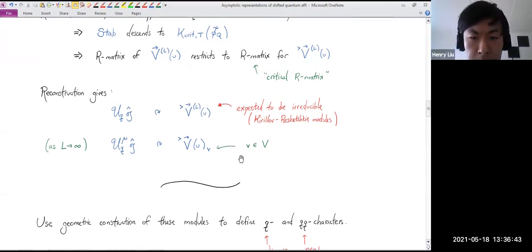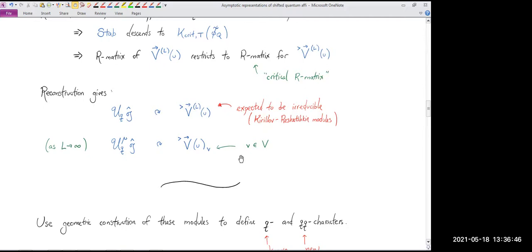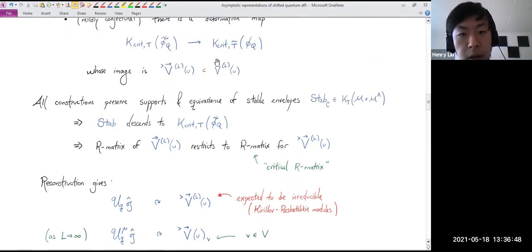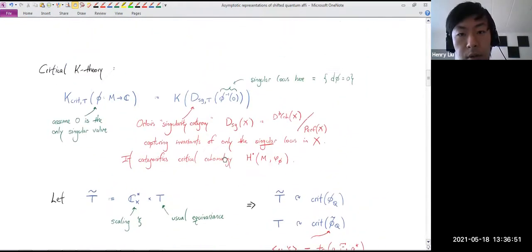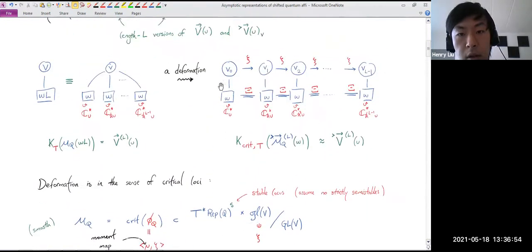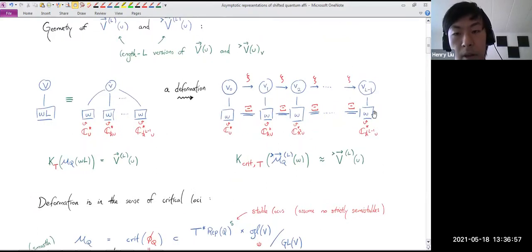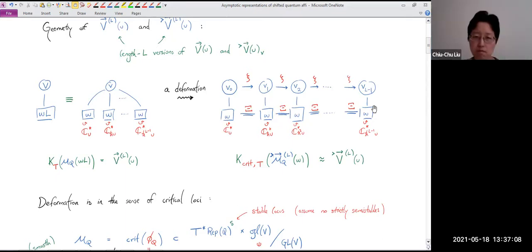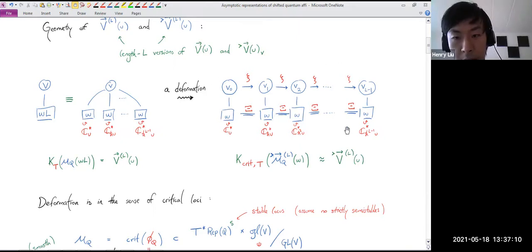Yeah, so if we think back to this picture here, if you extend the length of this chain off to infinity, what will happen is that, in the finite length case, imagine you have a flag of quiver representations where each element in the flag is just the small v.